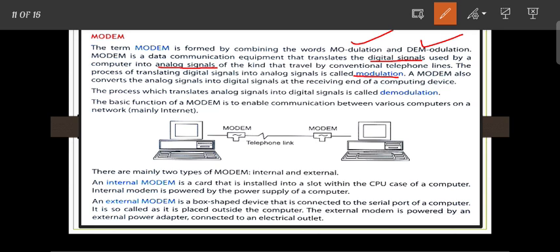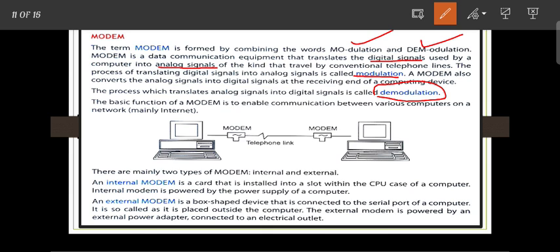A modem also converts analog signals into digital signals at the receiving end of the computer device. The process which translates analog signals into digital signals is called demodulation. When the modem converts a digital signal into an analog signal, it is called modulation, and when a modem converts the analog signal into a digital signal, it is called demodulation.